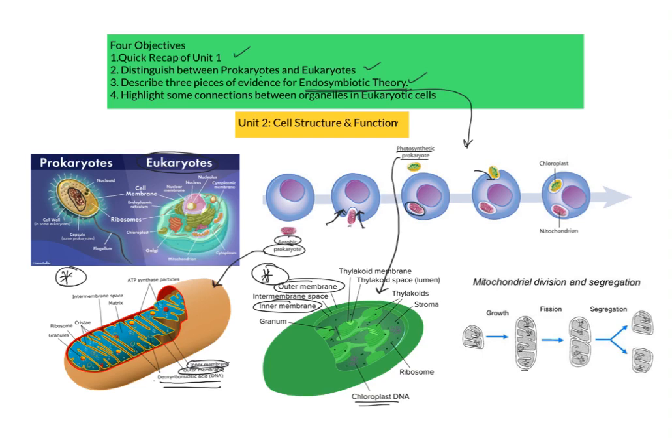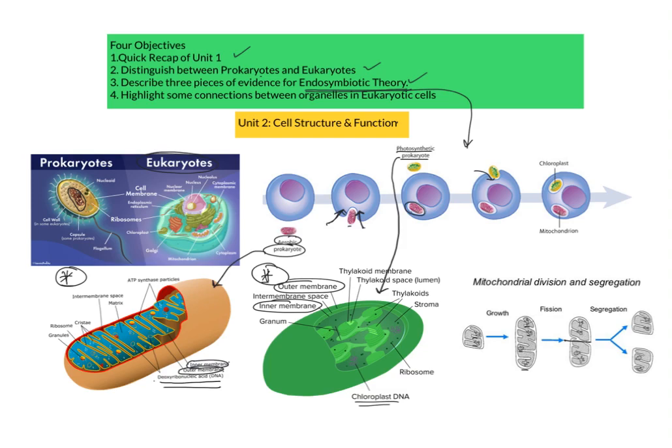And then they will go through that fission process where it'll split into two mitochondria or two chloroplasts. And so that's very characteristic of a prokaryotic cell. And so that's the third major piece of evidence in support of this theory of endosymbiosis.